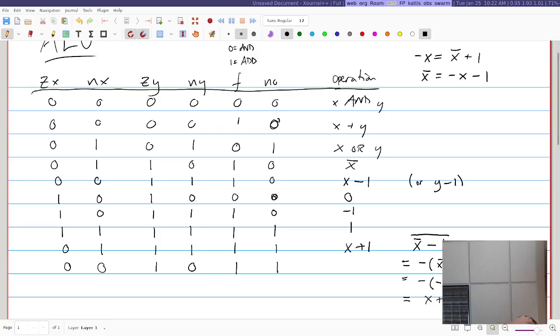So this is going to give us x plus 0, inverse. That's just x inverse. It's the same as this row, except in this case we inverted x first and then didn't invert the output, but here we invert the output, but it ends up being the same thing.